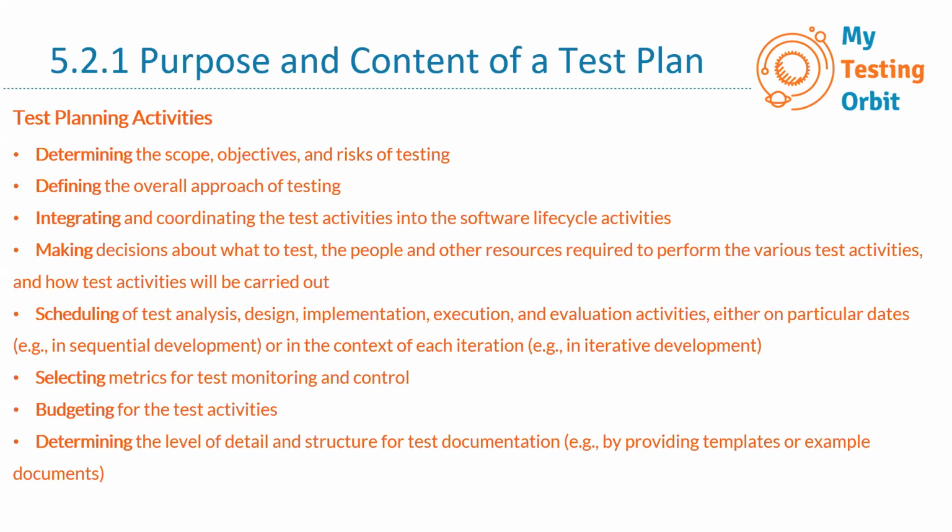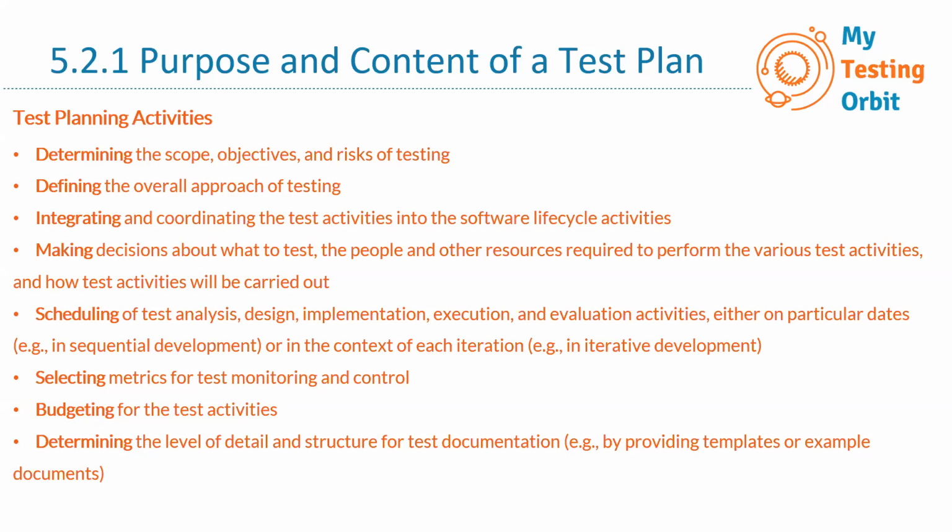The next one is scheduling of test analysis, design, implementation, execution, and evaluation activities, either on particular dates or in the context of each iteration. It depends on what kind of model you are using. If we are using sequential development, like waterfall, then we have a project plan that will start this activity on this date.